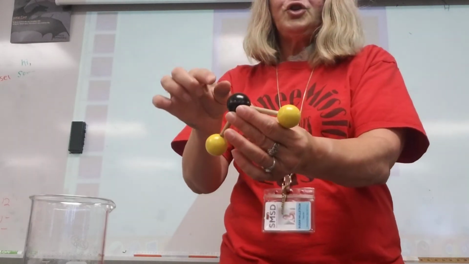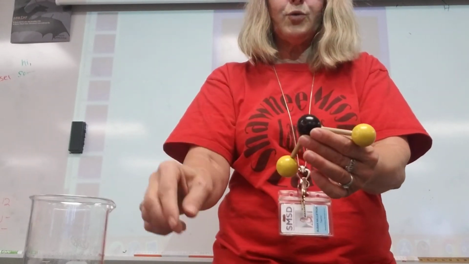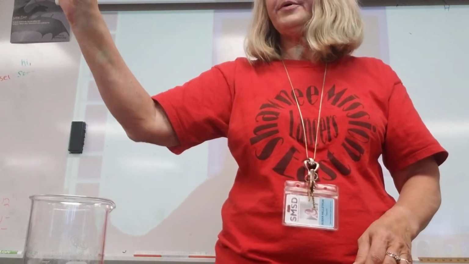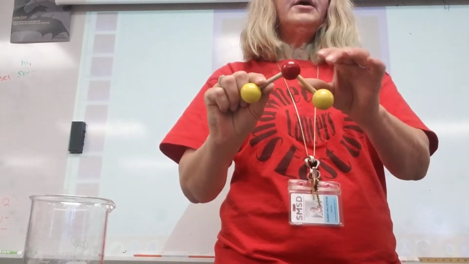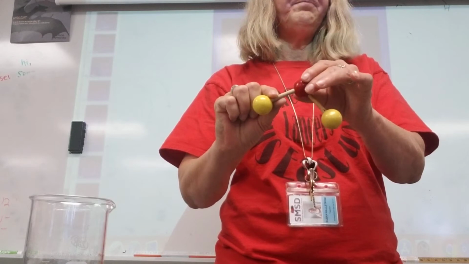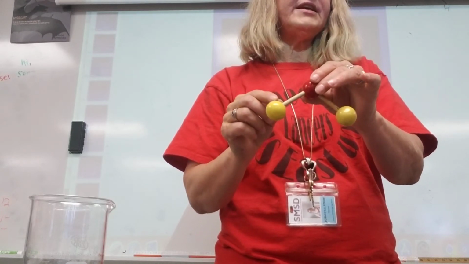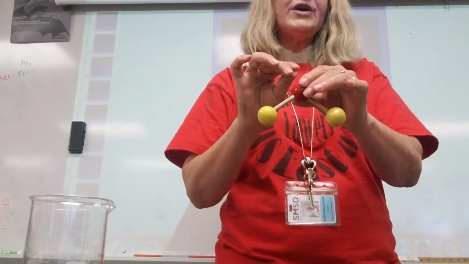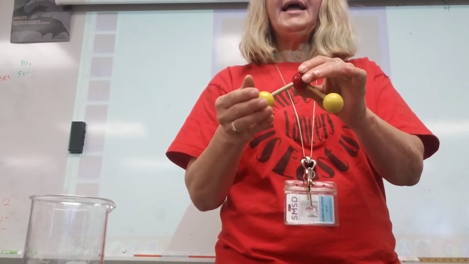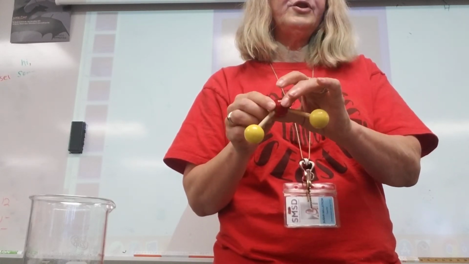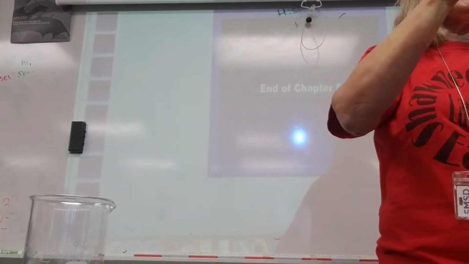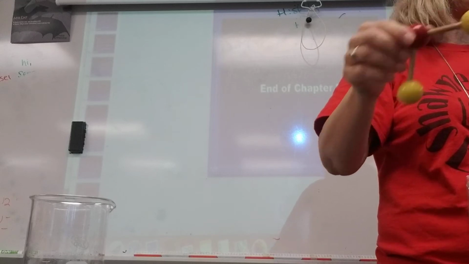So I'd have 2 unshared pair of electrons right here, just like water does, making its shape bent. So this bent shape is 2 of the 4 vertices of a tetrahedron are electron pairs, unshared electron pairs, and the other 2 vertices have a hydrogen attached. So this is like the 4 vertices of a tetrahedron, but 2 of them are only electron pairs.